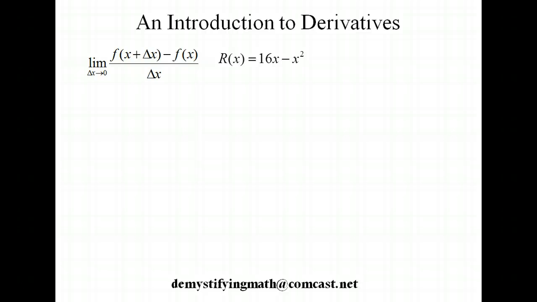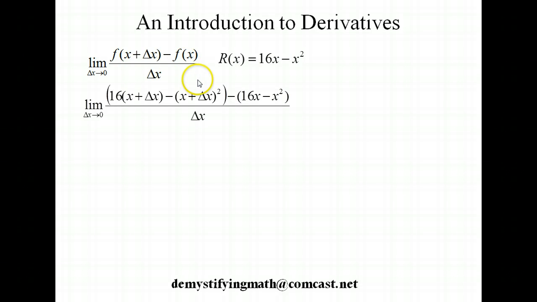Okay, so in this case, our equation was r of x equals 16x minus x squared. And what we want to do is plug that into that difference quotient. So the first thing that we're going to do is take our function and replace x with x plus delta x. So we did that here. And then it says minus the f of x function, which in this case is our r of x function, and divided by delta x.